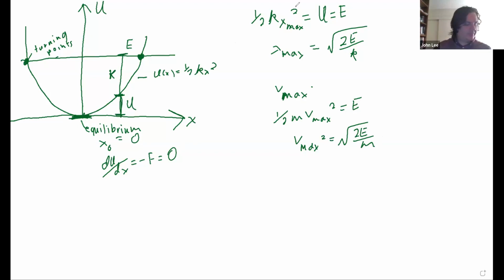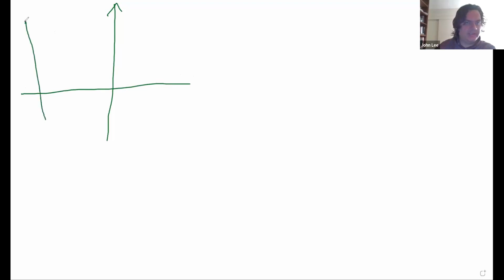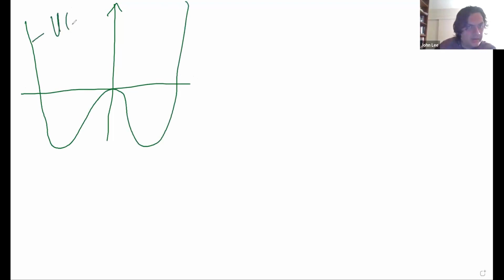And then what about a more complicated drawing like this, where u of x equals 2x to the fourth minus x squared.